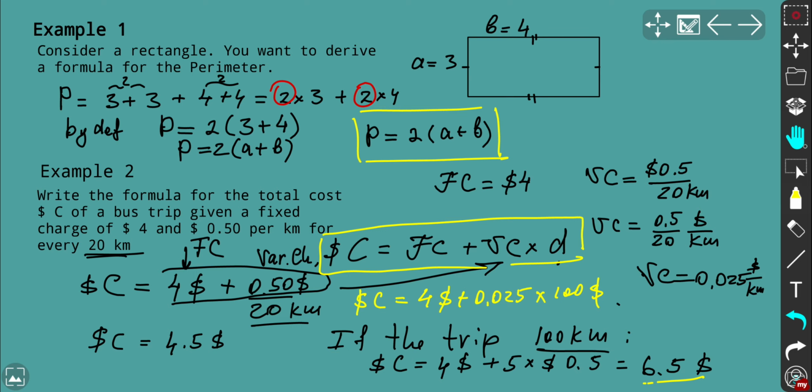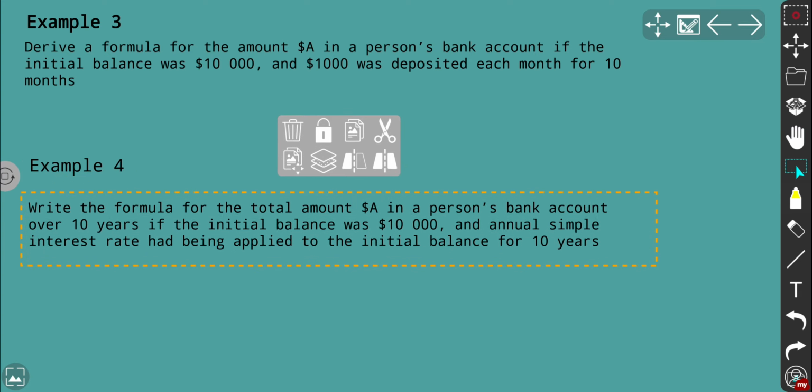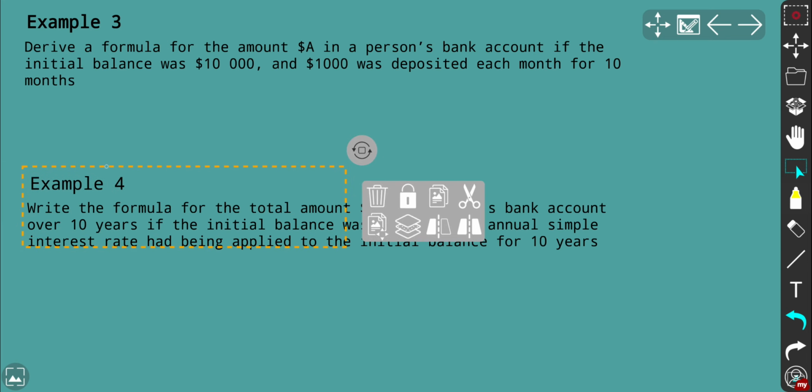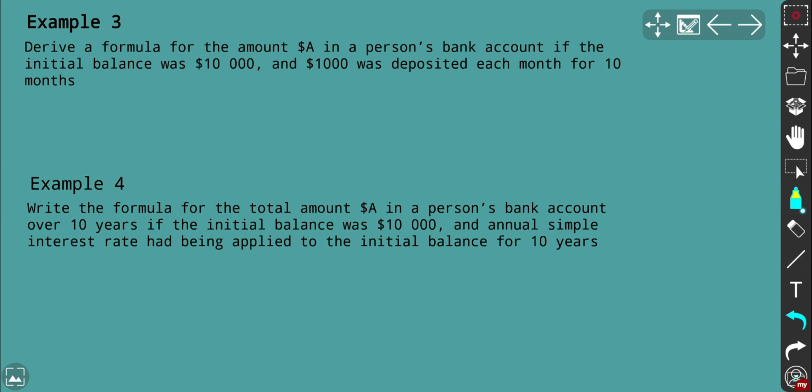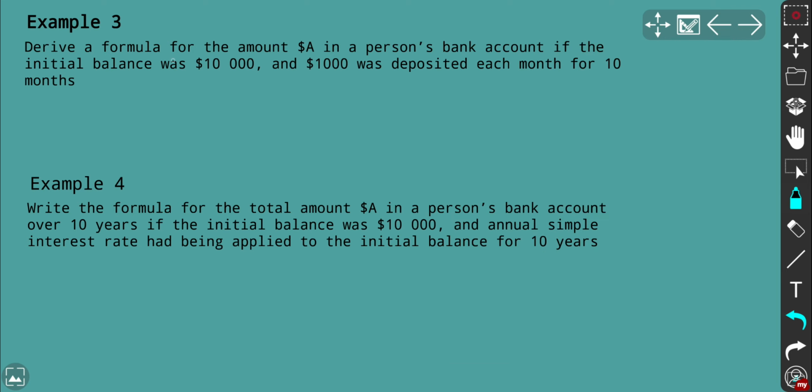Okay, let's move next, and here we have another 2 questions or just examples. Okay, let me see. So we've got the first one. What we need to do there is derive the formula for the amount A in a person's bank account if the initial balance was $10,000 and $1,000 was deposited each month for 10 months. Okay, so what we have is the initial amount.